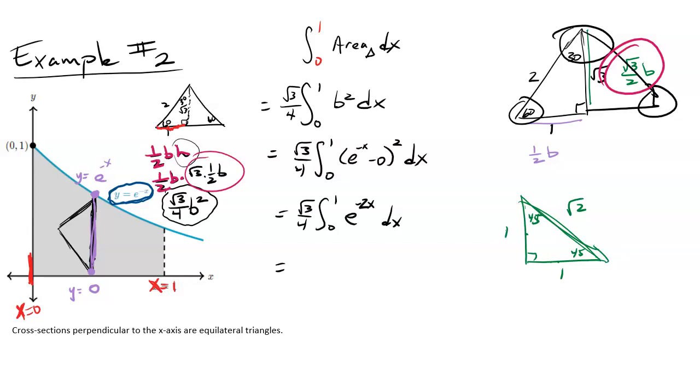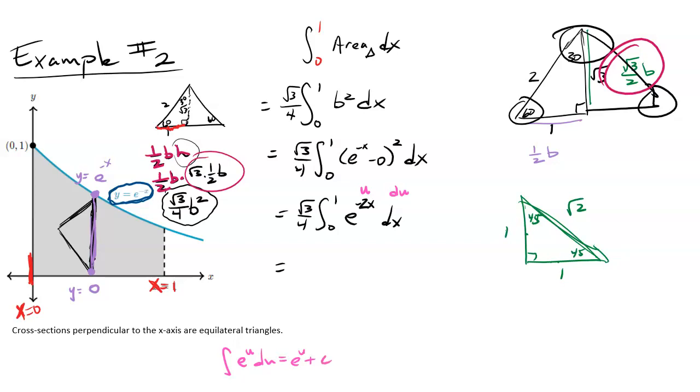So e to the negative 2x. There's so many colors. I guess pink. This thing's acting weird. So e to the u has to have du correct to be able to integrate. The formula is the integral of e to the u du is e to the u plus c.